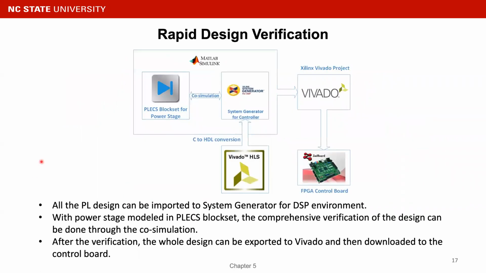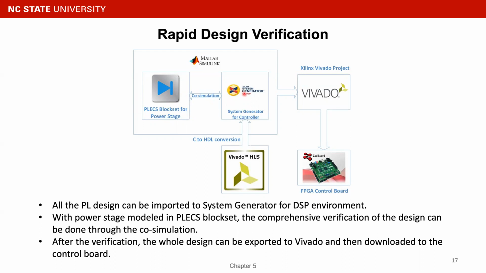And here's a more detailed look at our rapid design verification. As we mentioned before, in the MATLAB Simulink environment, we can include our block set to represent our power stage.